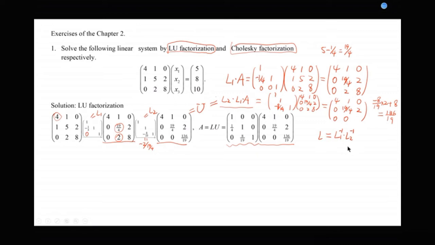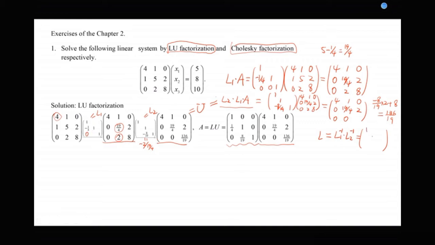And you should remember, actually you don't need a computer, because we know the property of the matrix: L1 and L2 are lower triangular matrices with ones on the diagonal. So you only need to change the sign under the diagonal elements and put them together.